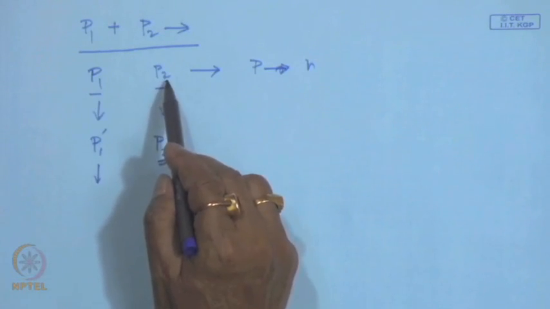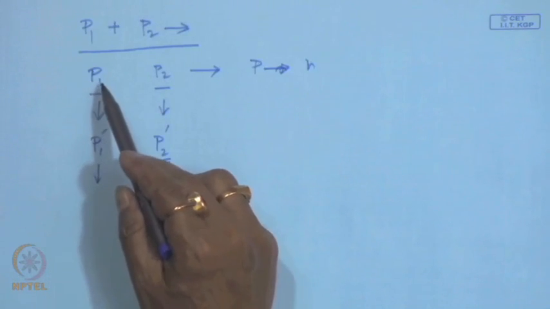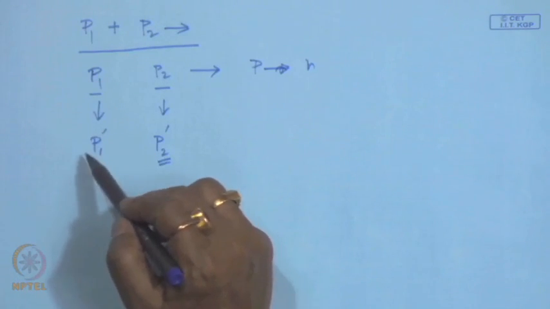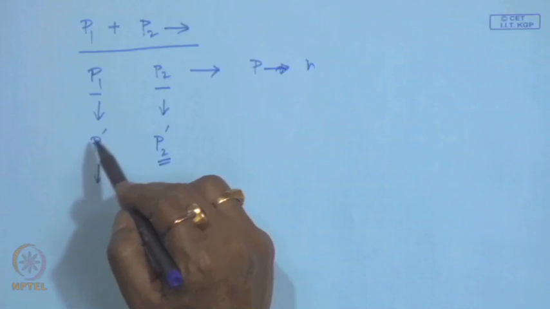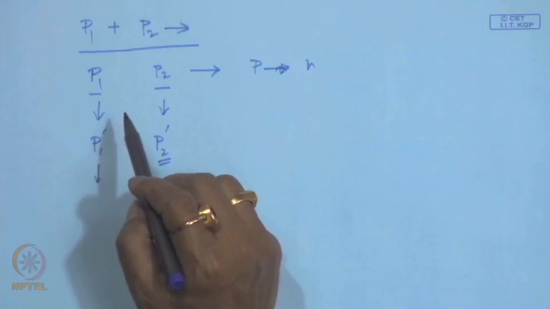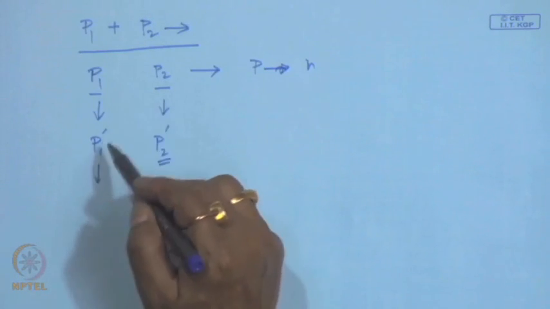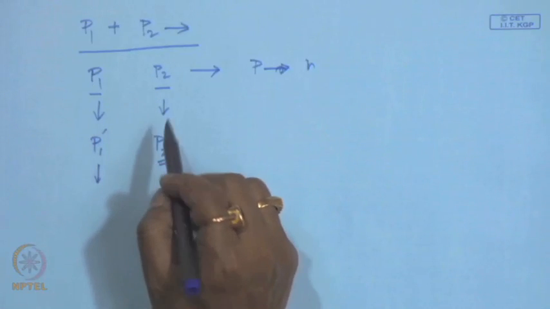So, P2 contains halogen atoms, P1 does not contain halogen atoms. So, we can add or attach some halogen atoms so that we can blend P1 and P2.